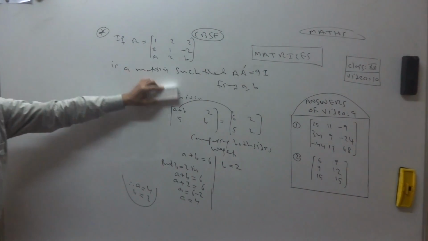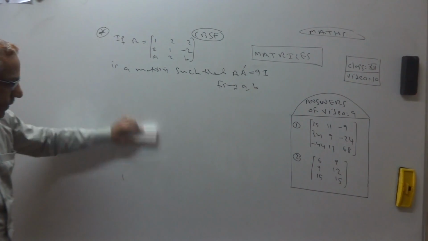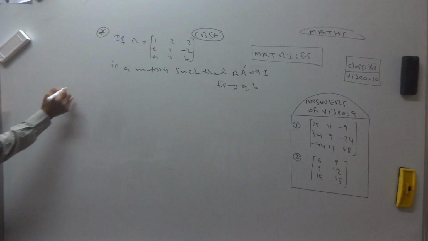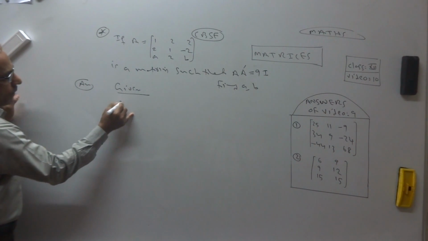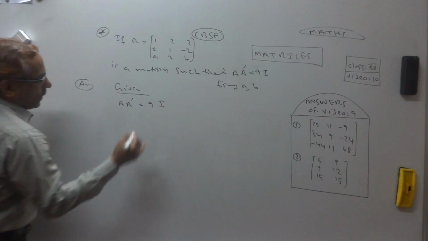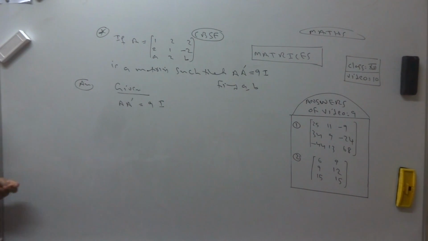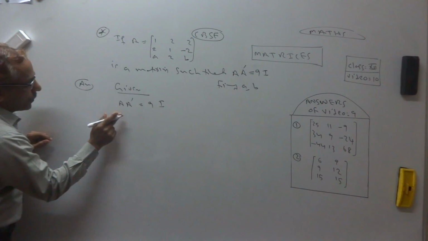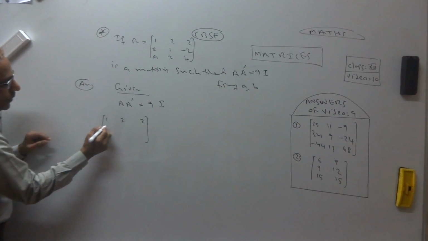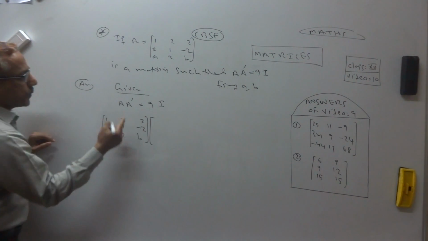So we are doing extra questions based on this transpose. Please see what is given. A transpose is 9I. What is A? 1 2 2, 2 1 2, A 2 B. What is A transpose?